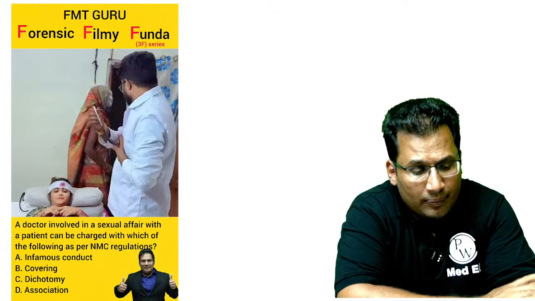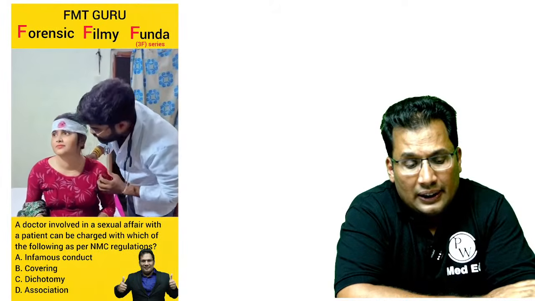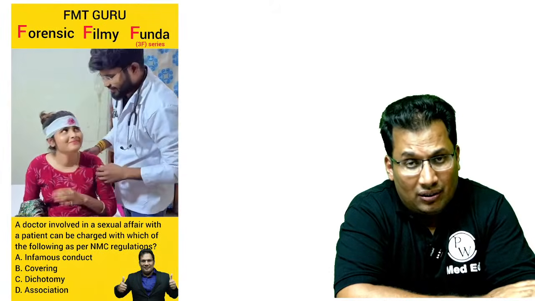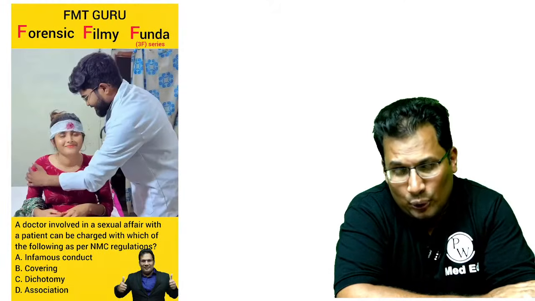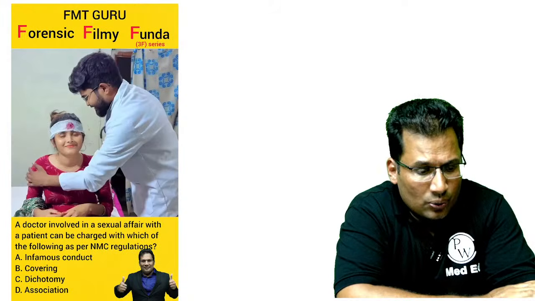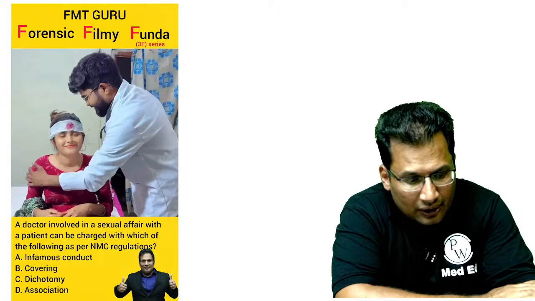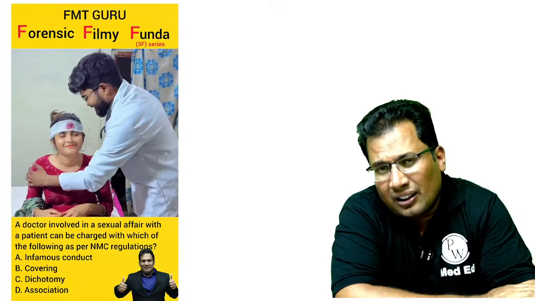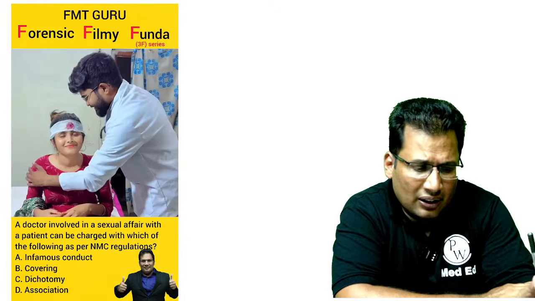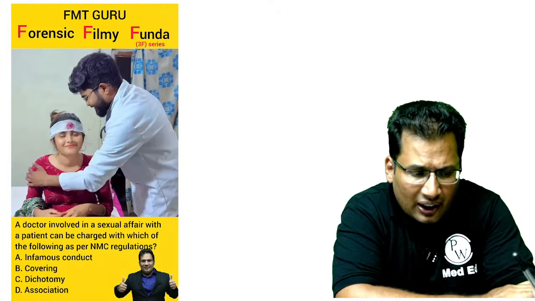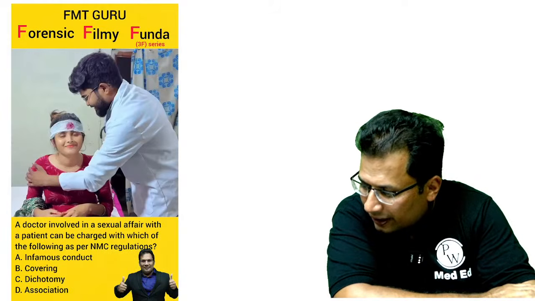Dichotomy means fee splitting. Covering means allowing a non-medical or unqualified person during medical examination, surgery or delivery. So what is this known as? The answer is adultery. So the answer is basically infamous conduct. It comes under adultery. Even covering, dichotomy, association are also infamous conduct. The best answer here is adultery or infamous conduct. Good. It can be 68 BNS. Very good.